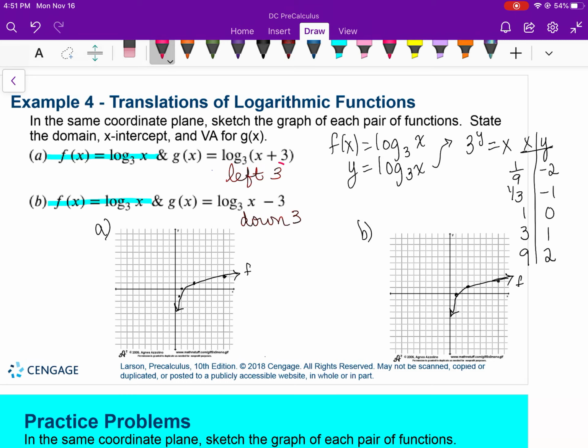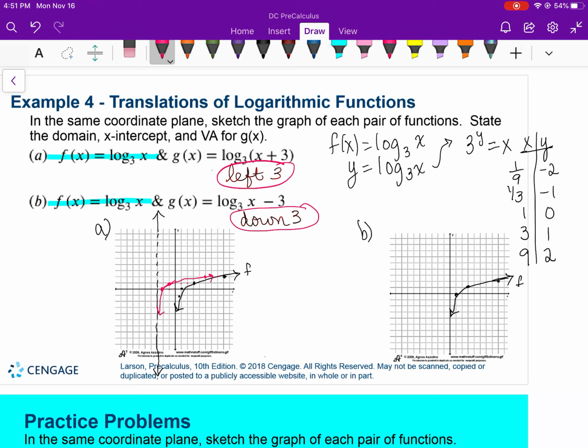I'm going to do those graphs in this pink color. So I'm going to take my original function here and move it left 3. And so on. Now what's going to happen is you're going to have a vertical asymptote here at -3. So your graph should not cross that. That's a boundary.